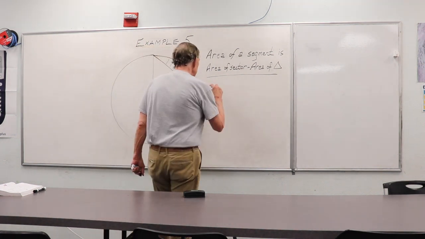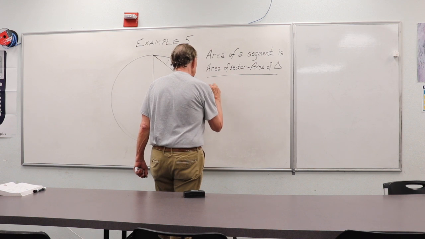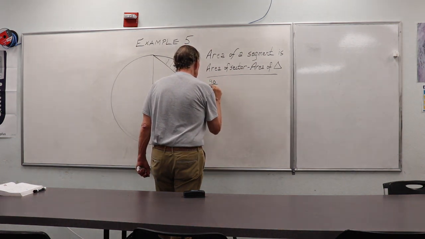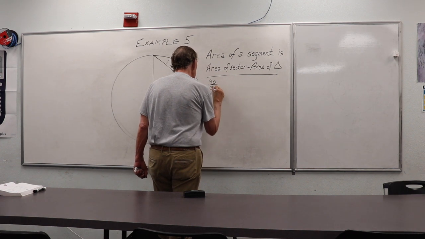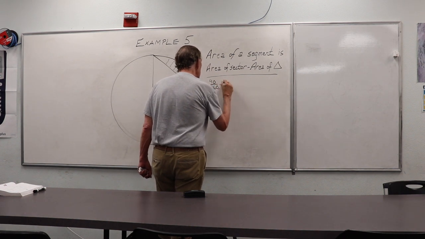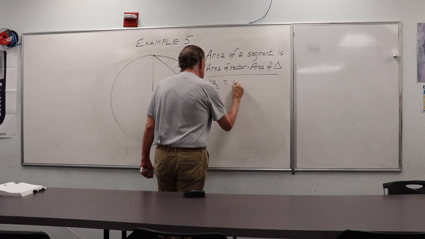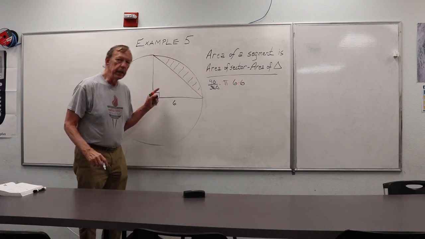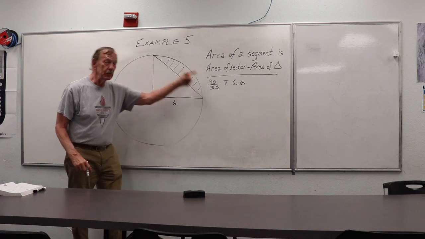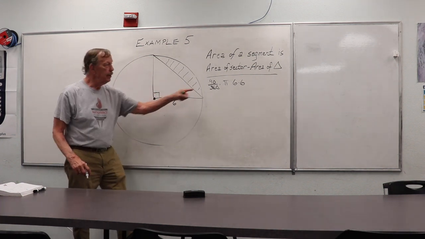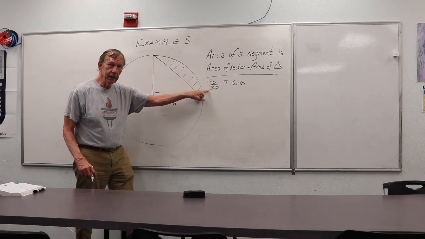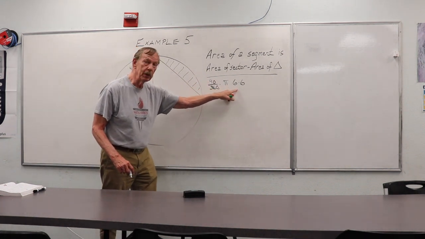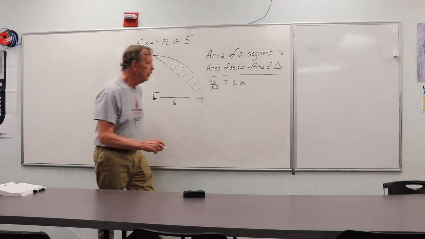So the area of the whole sector is going to be 90/360ths of the whole circle, which is pi times the radius squared.